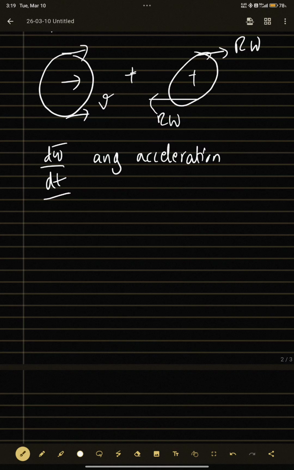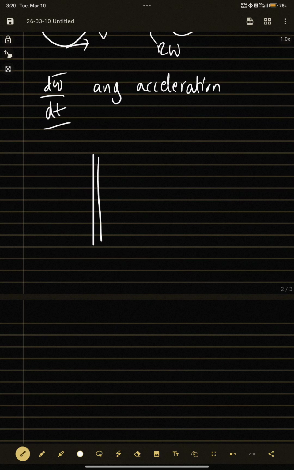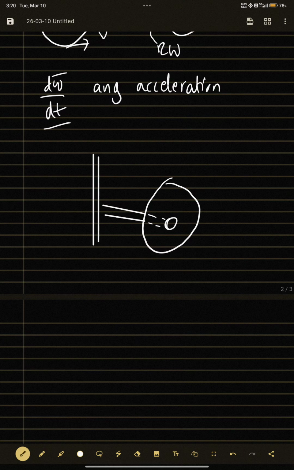So here you are having a shaft and you have a wheel. So how is the shaft moving? It is moving in this direction. So you will find that this is the direction of omega 1.